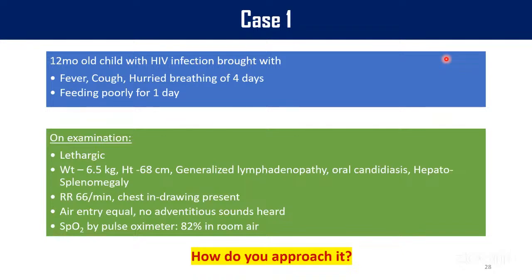There is generalized lymphadenopathy, oral candidiasis, hepatosplenomegaly, and respiratory rate is 66 per minute. There is chest indrawing, air entry is equal, no adventitious sound. SpO2 by pulse oximeter is 82% in room air. So how do you approach this, looking at the management protocol we have seen now?